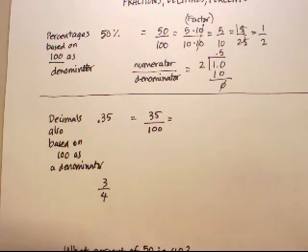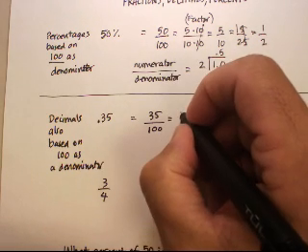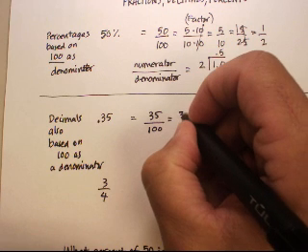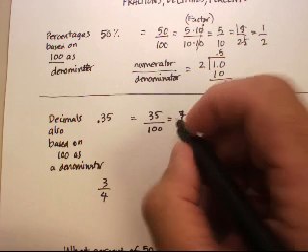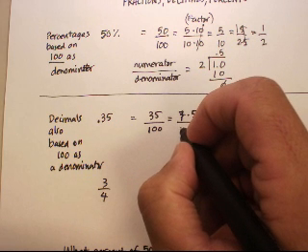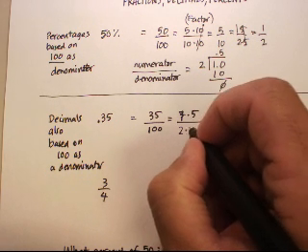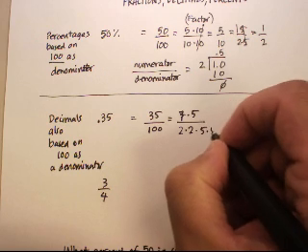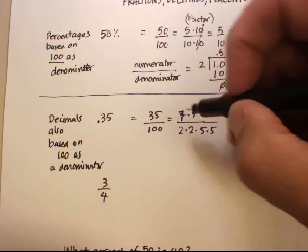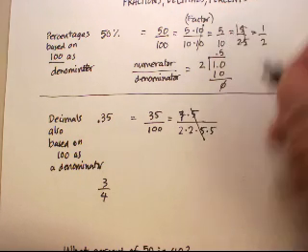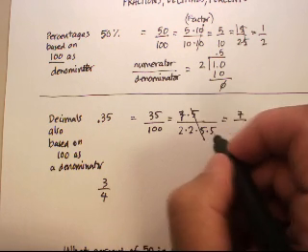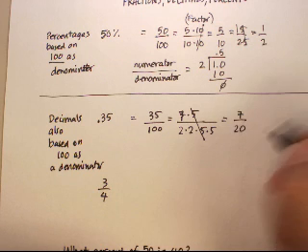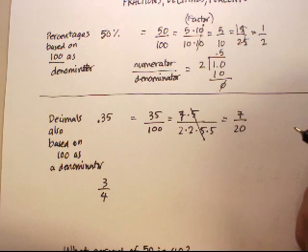And let's go ahead and factor out 35, and you get 7 times 5. Go ahead and do the same thing with 100, and that would be, what, 10 times 10, or 2 times 2 times 5 times 5. Those would be the prime factors. Take out whatever you can, reduce it, and you get 7 over 20. And that would be the reduced fraction for 35 over 100.